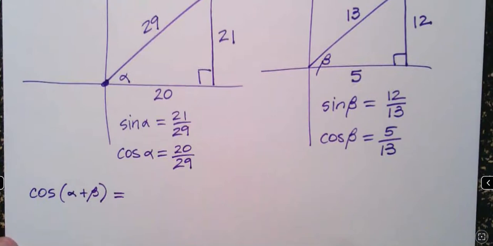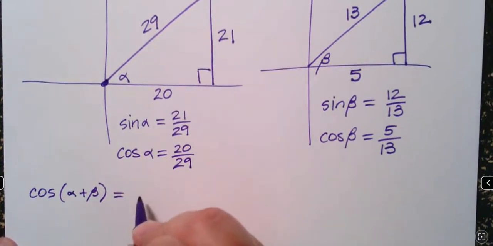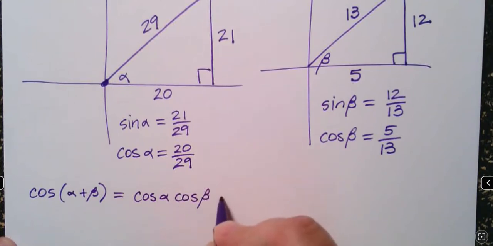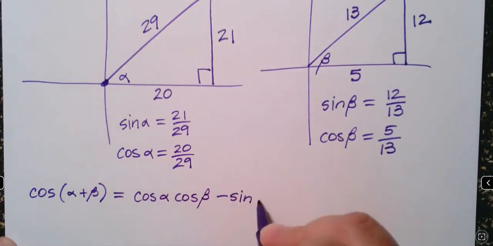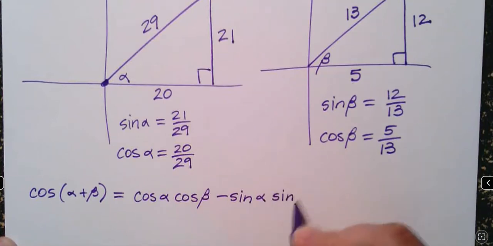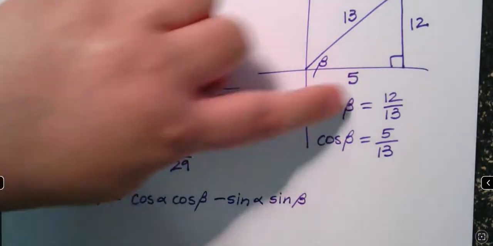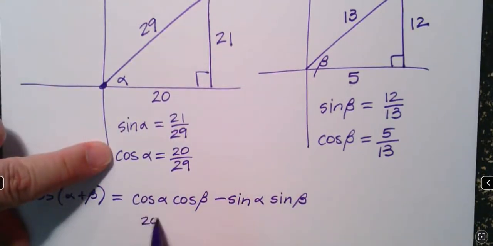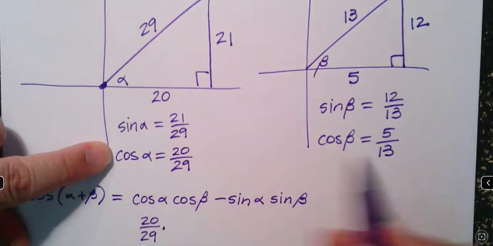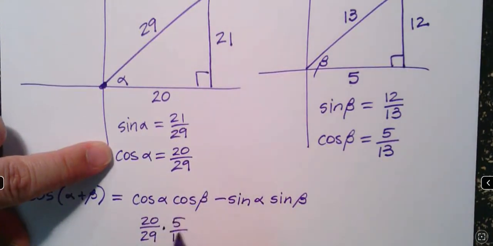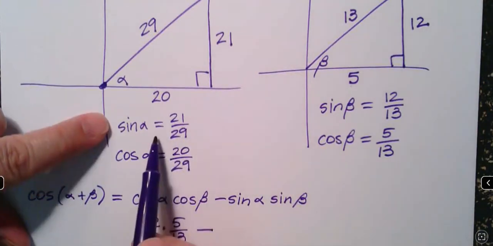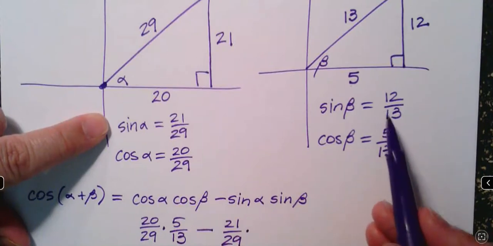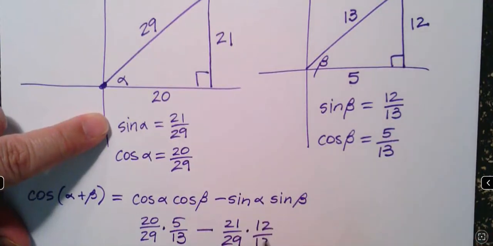But according to my sum and difference identity, this is going to be cosine of alpha, cosine of beta, minus sine of alpha, sine of beta, and we just found all that information right here and here. So cosine of alpha, 20 over 29, times cosine of beta, 5 over 13, minus sine of alpha, 21 over 29, times sine of beta, which is 12 over 13.